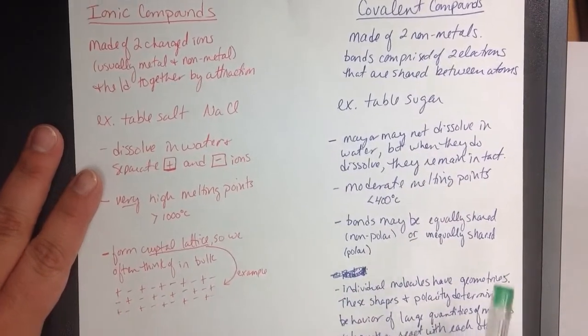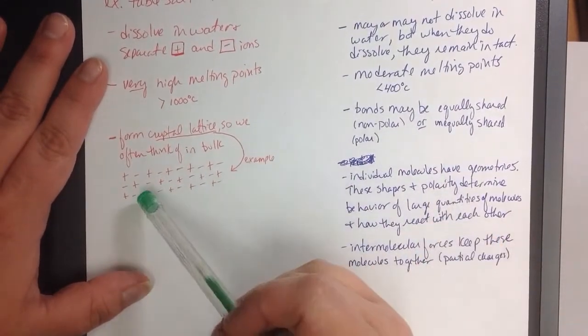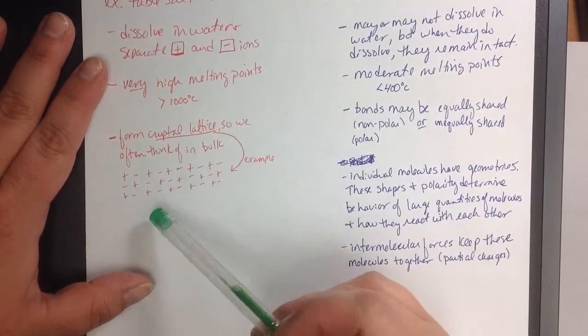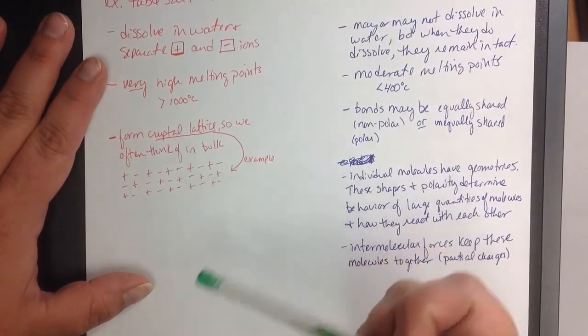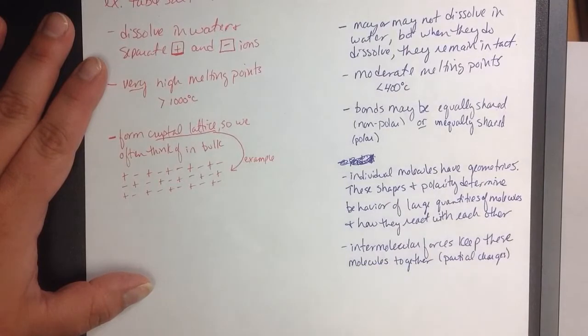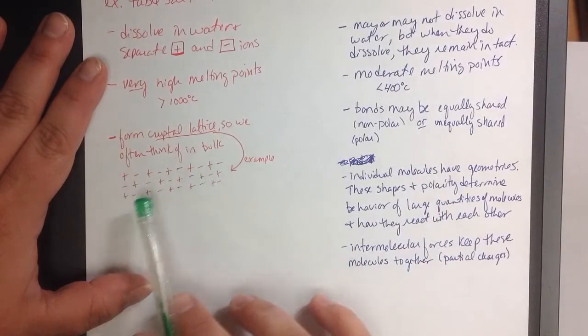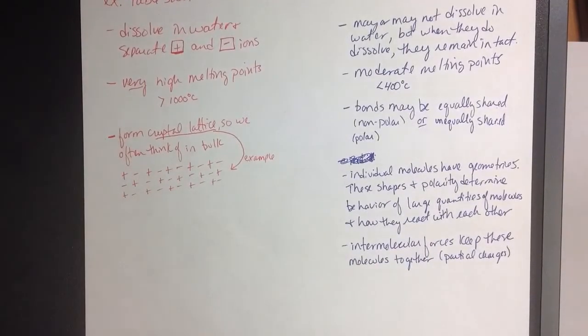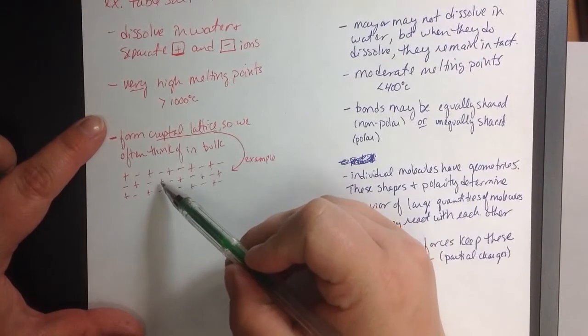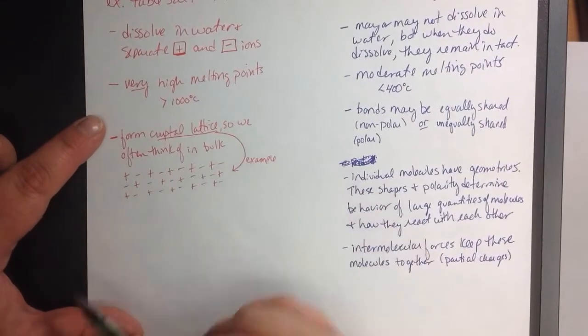Okay? And this is what a crystal lattice looks like. So this is basically what ions look like when they're dried out and all together in a crystal. So the positives and negatives are all interlaced and surrounding each other. Here's what I mean by that. So here's a positive charge, negative charges in all 4 directions, right?